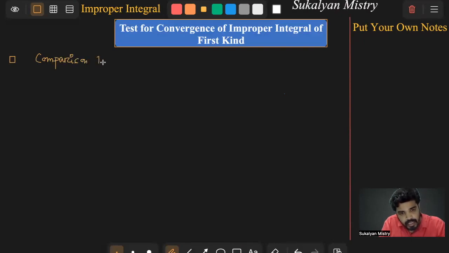Comparison test. Okay. So first write down the statement.